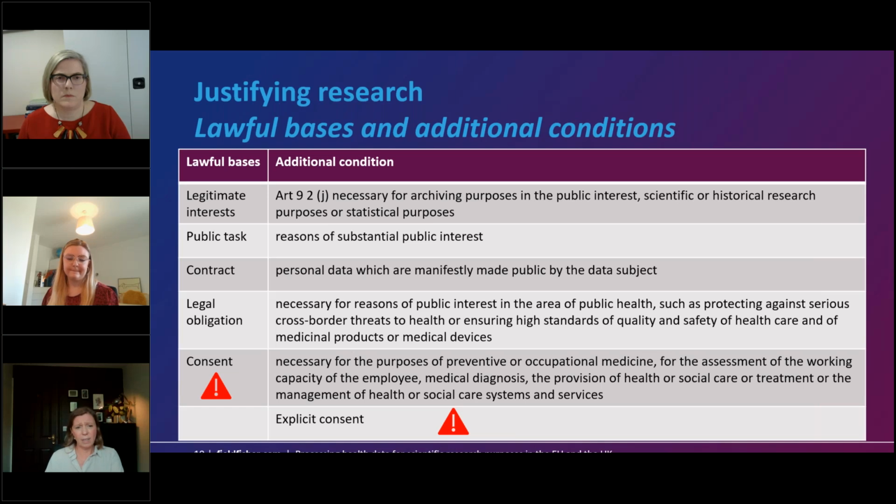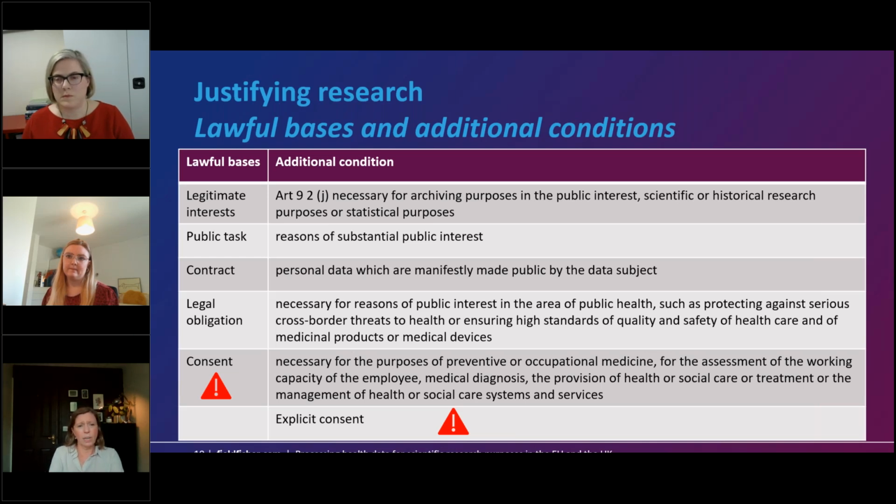But as well as having this lawful basis and additional condition, there are extra safeguards which change depending on the locality we're talking about. And Nuria is going to go into those in a lot more detail in a short while. But just to mention that you might normally be having to undertake risk assessments when choosing legitimate interest as your lawful basis. But in the research area, because of these additional safeguards that are needed, you're likely to be balancing those rights against the interests in any event.